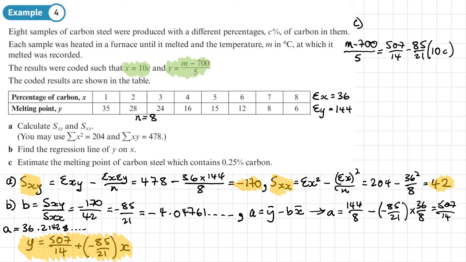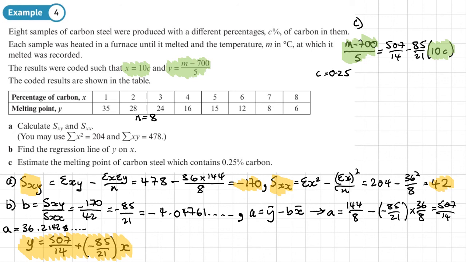You can see the substitution has taken place here for Y and here for X. So now we've got a regression line in terms of C and M. Now we know that C is equal to the percentage of carbon. That's 0.25. So we replace C with 0.25. Let's just get rid of these so we've got a bit more space.